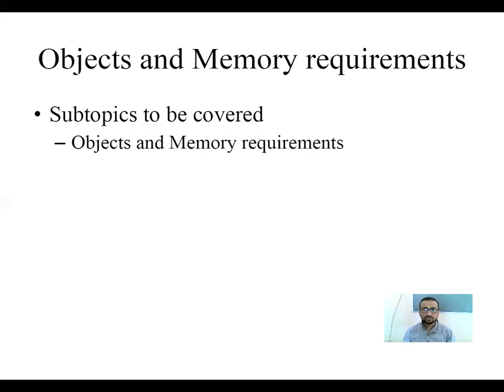For that purpose, we are going to discuss how objects are created and declared, and at the time of object declaration, how we allocate the memory for that particular object. We will also discuss how the memory requirements are fulfilled by that class or by that object.